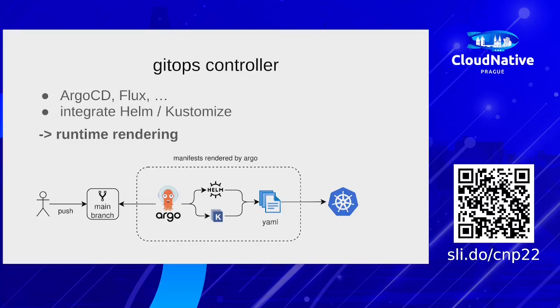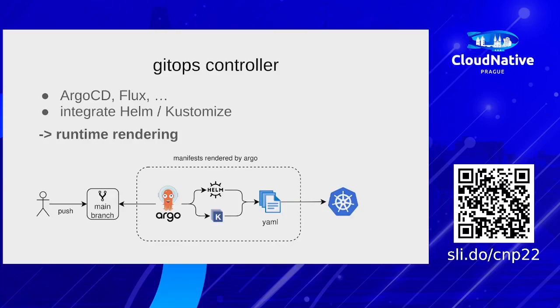OK, so Argo integrates Helm and Kustomize. It is watching your repository where you have those abstractions, Helm or Kustomize, and it basically does helm template or kustomize build to create the final manifest on the fly.